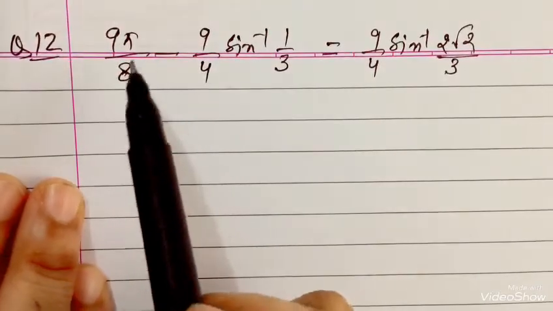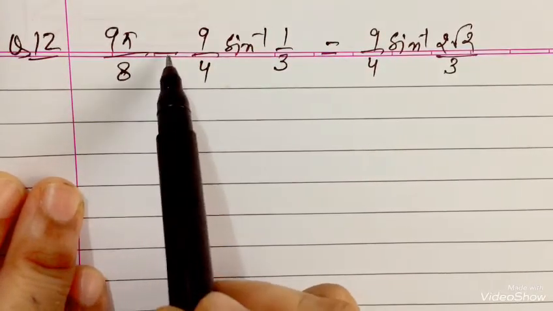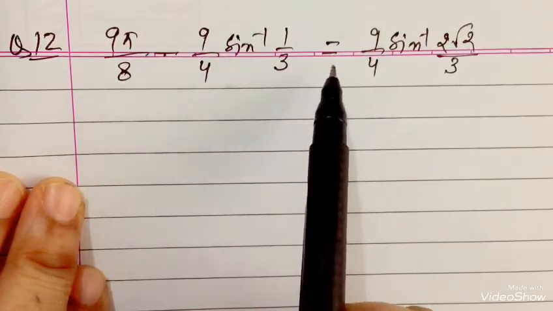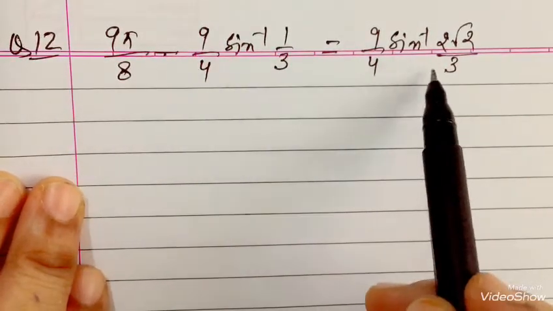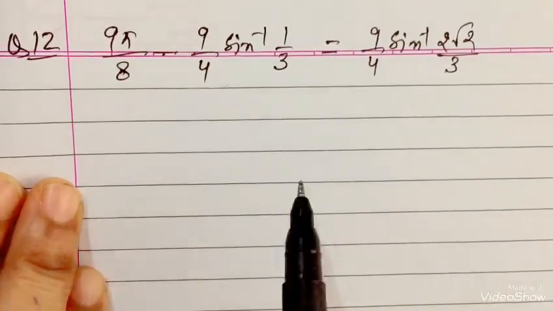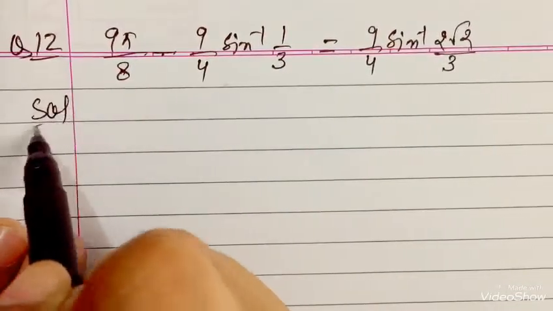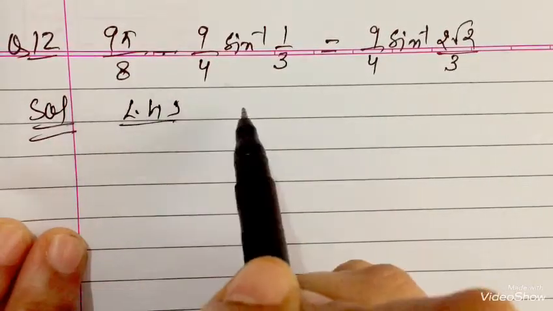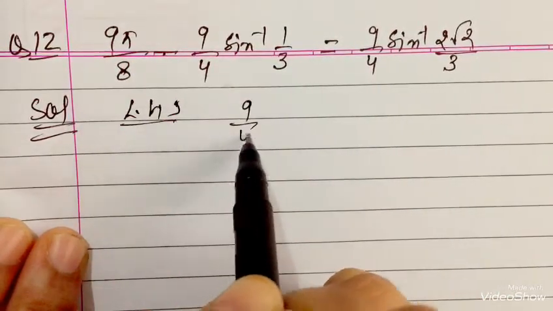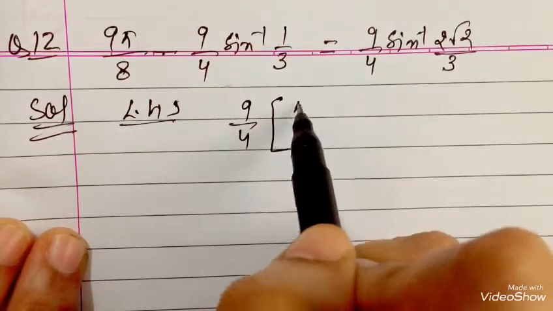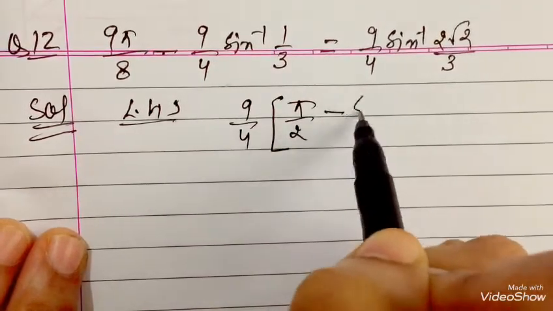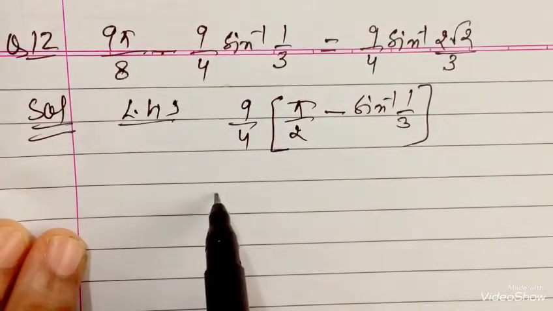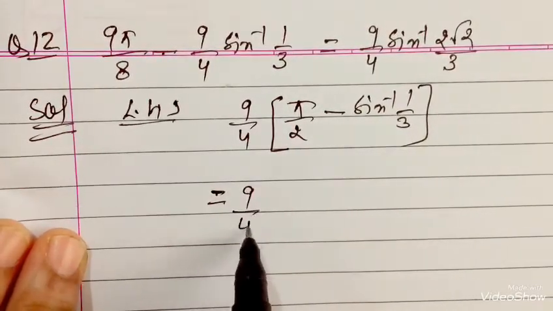The next question is 9 pi by 8 minus 9 by 4 sin inverse 1 by 3 is equal to 9 by 4 sin inverse 2 root 2 by 3. So for this question, students, from LHS take 9 by 4 common. So it is pi by 2 minus sin inverse 1 by 3, and now 9 by 4 write as it is.